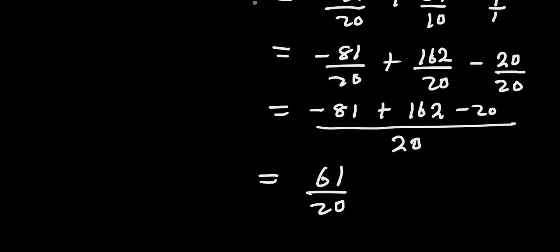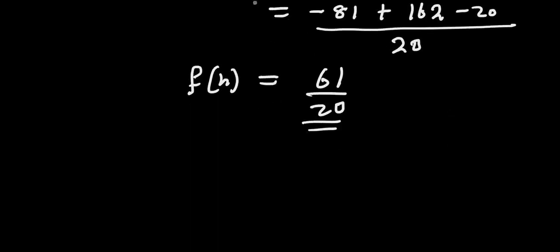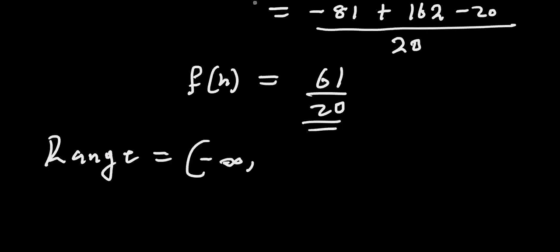So f of h is equal to 61 over 20. Therefore, the range is now equal to negative infinity to 61 over 20. All right, so this is the range.